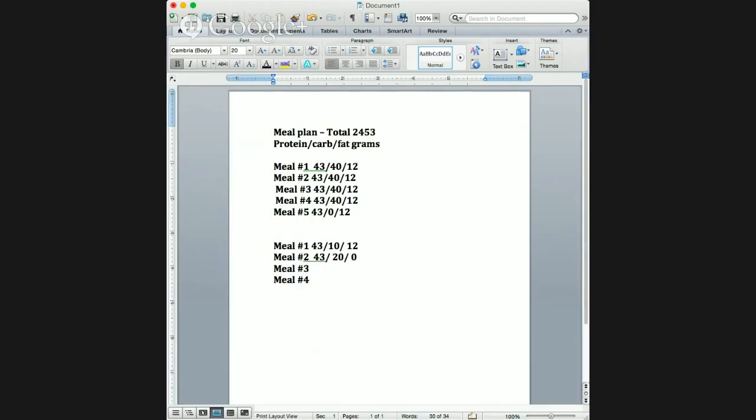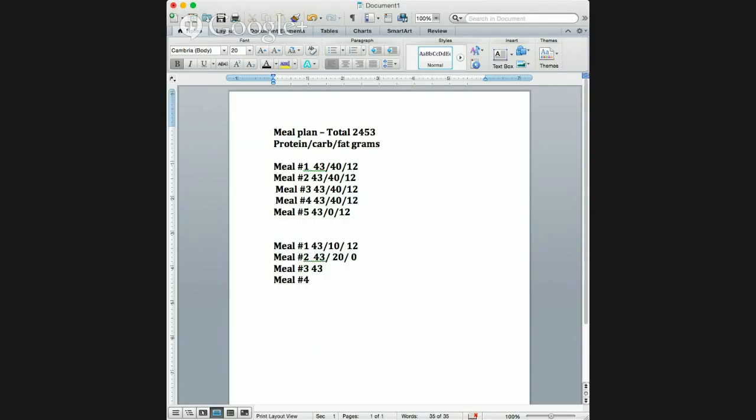Now, what this has allowed me to do is still eat my 43 grams of protein per meal, well, actually, sorry, we have 5 meals here. So my 4th meal is actually going to go up in protein just slightly. What I'm going to do is spread my 5th meal protein, which is 43 grams, over the last 2 meals.